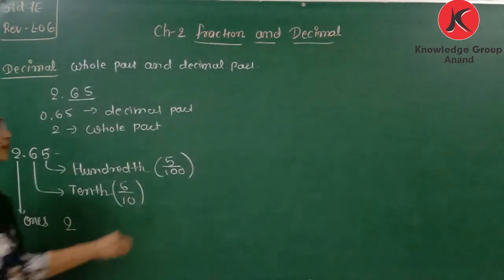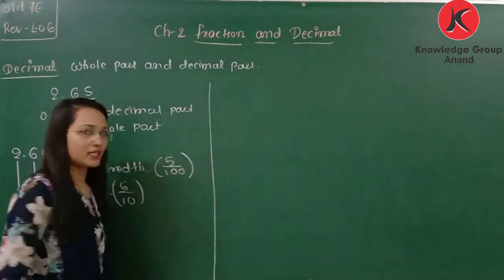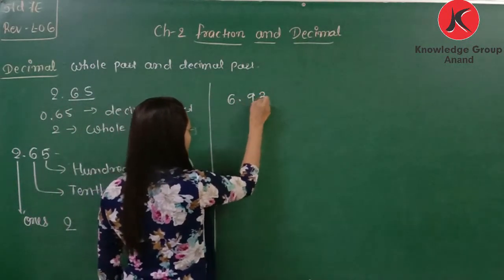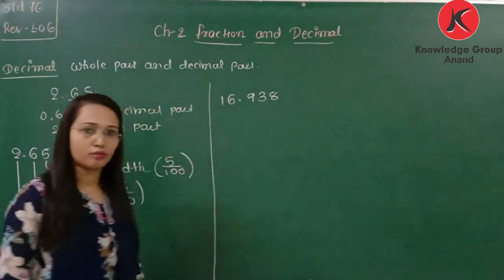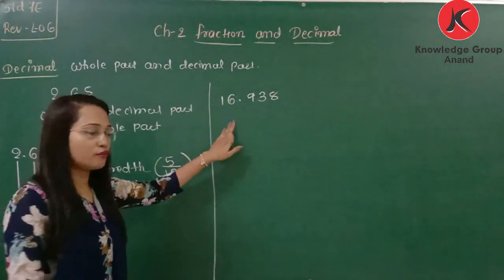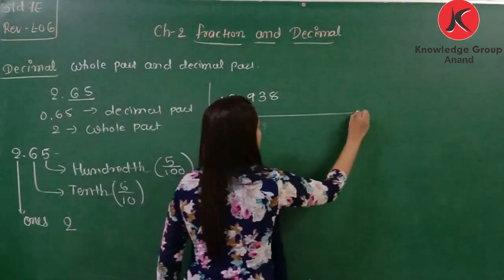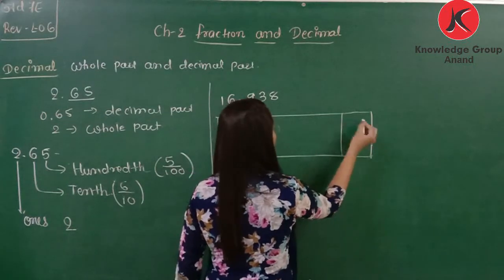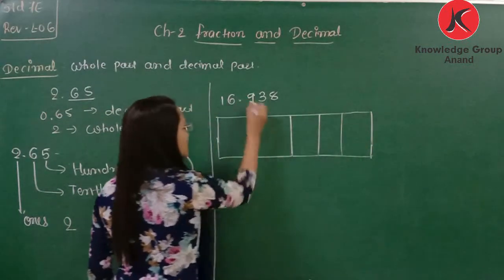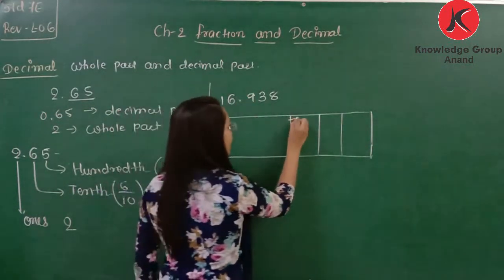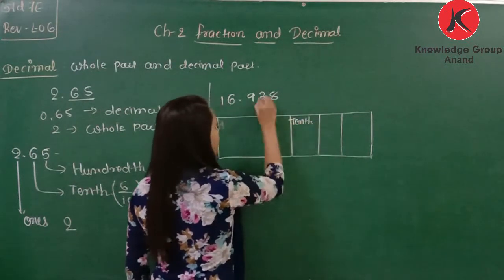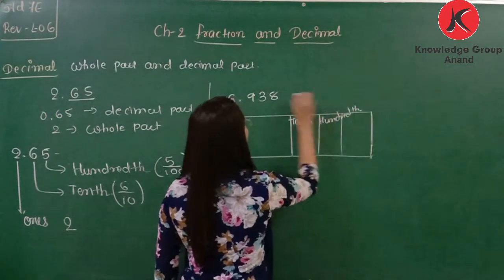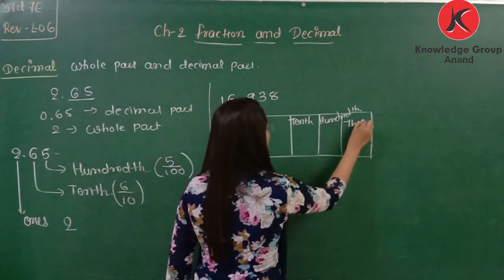If you want to write the place value of any number, we need to make a place value table. Let's write a place value table for this number. From the decimal point, 9 is at the 10th place, 3 is at the 100th place and 8 at the 1000th place.